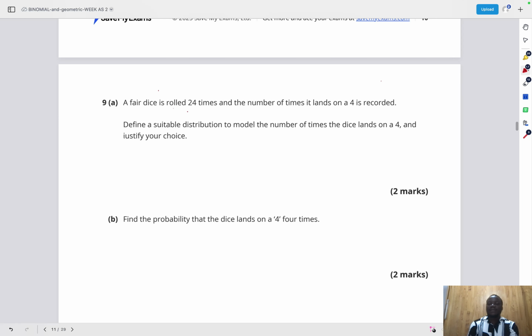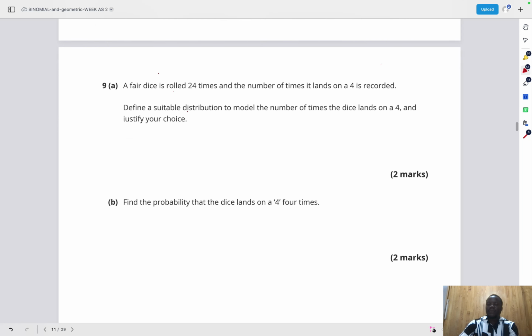They've given us that, so I'm going to make sure I've got that here. So n is equal to 24, and then we've got a fair 6-sided die, meaning the probability of getting a 4 is 1 out of 6. So the probability of success is 1 out of 6, meaning the probability of failing is 5 out of 6.